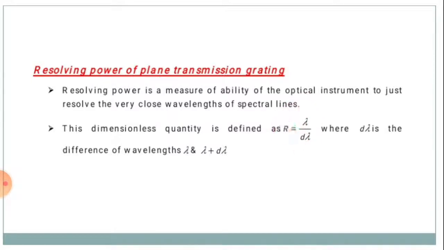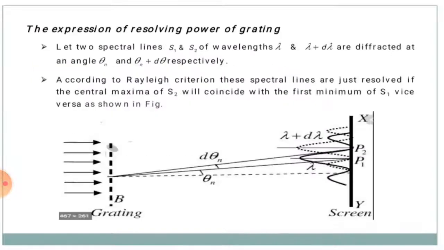Now, we will derive the expression for the resolving power of a grating. For this, let us consider two spectral lines S1 and S2 of wavelengths lambda and lambda plus d lambda, diffracted at angles theta and theta plus d theta.